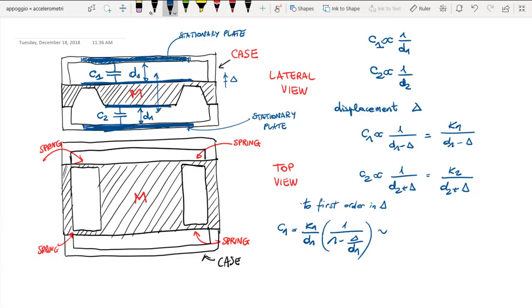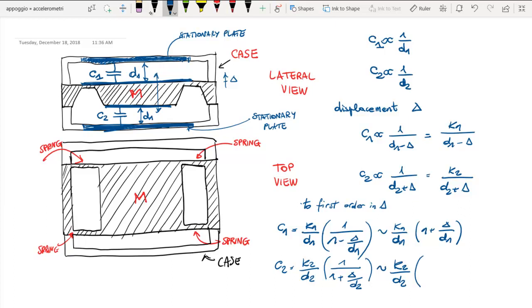So I can approximate to first order as 1 plus delta over D1. And again, C2 is equal to K2 over D2 times 1 plus delta over D2, and if I make the first order approximation, this is 1 minus delta over D2.